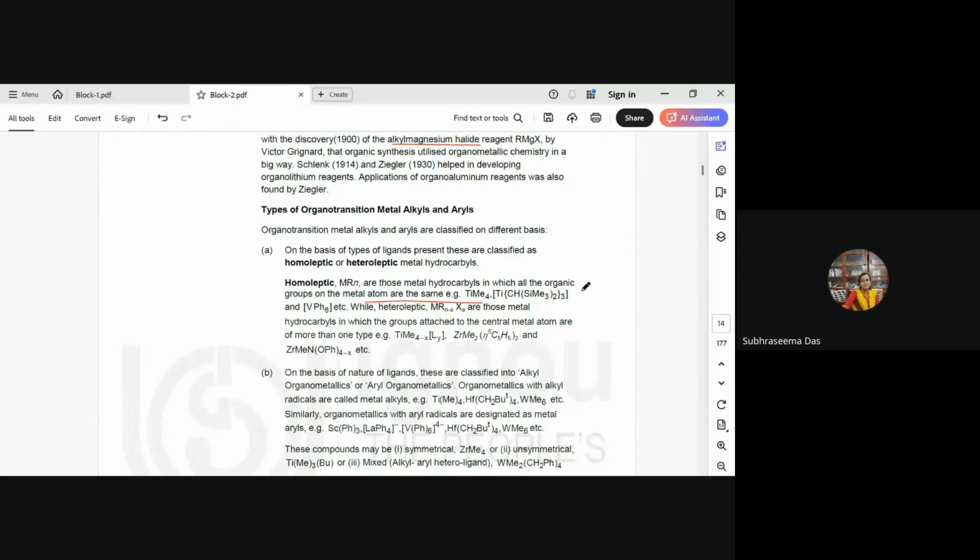For example, TiMe4 and VPh6 are homoleptic, whereas heteroleptic are those metal hydrocarbyls in which the groups attached to the central metal atom are of different types. For example, TiMe4-xLy. So here two different groups are attached to the central metal atom, and that is why they are heteroleptic in nature.